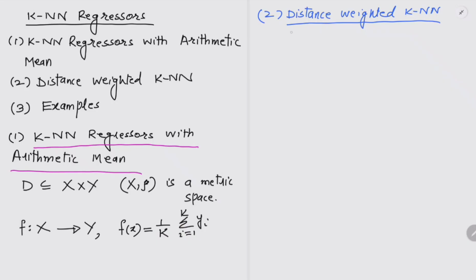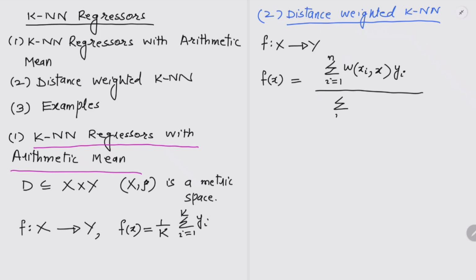It is something where we have a function which takes an input and we predict the y value. f of x, in this case, the formula is the sum over i equals 1 to n of some weight function w(x_i, x) multiplied by y_i, divided by the sum over i equals 1 to n of w(x_i, x).